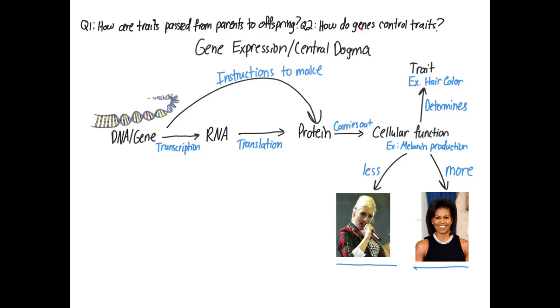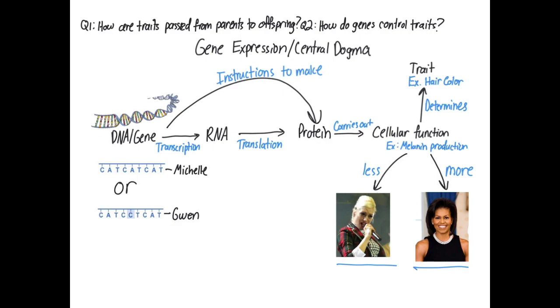So, how do genes control traits? Through gene expression. The types of genes a person has, along with their environment, determines the traits that they show. Michelle's version of this gene, which through gene expression produces more melanin, gives her dark hair, whereas Gwen's version of this gene, which through gene expression produces less melanin, gives her lighter hair.